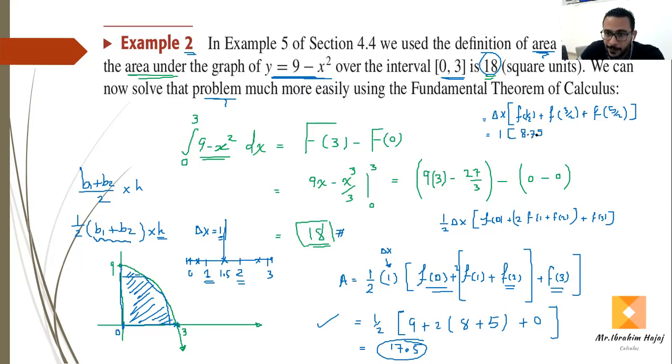Plus f of 1.5, which is 9 minus 9 over 4, so it's going to be 27 over 4. Then plus f of 2.5, which is 9 minus 2.5 squared, so 11 over 4.